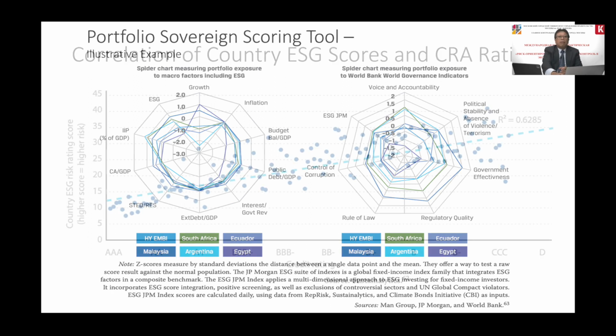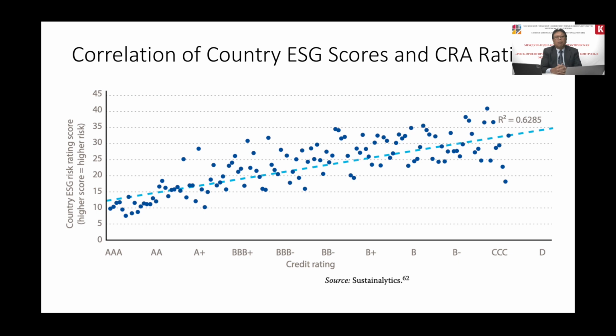It showed that the higher the risk from the perspective of country ESG risk rating, the lower the credit rating. Note in this case is CRA, which stands for Community Reinvestment Act. In this regard, there are four categories that we use: outstanding, satisfactory, needs to improve, and substantial improvement needed.